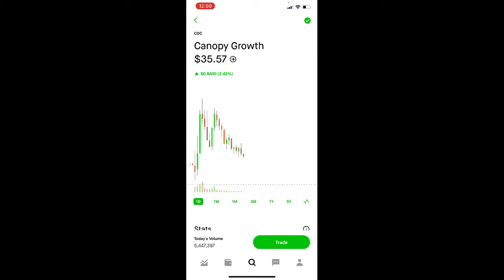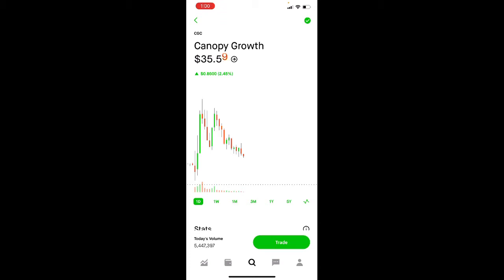Down below, you can see the green arrow and the dollar sign and that little amount, which is what the stock is doing for the day. The stock is currently up 88 cents from what it started, which is a total of 2.53%. So it's up over 2% and over 80 cents.